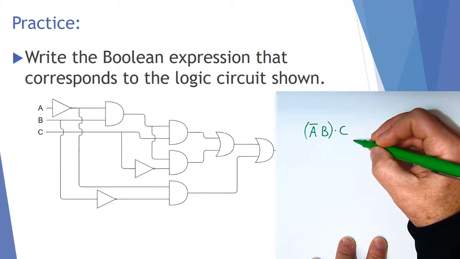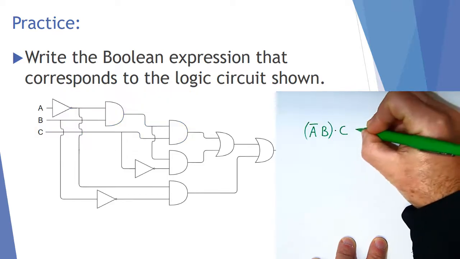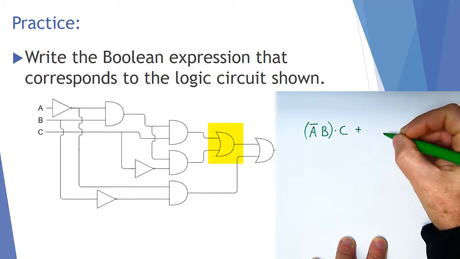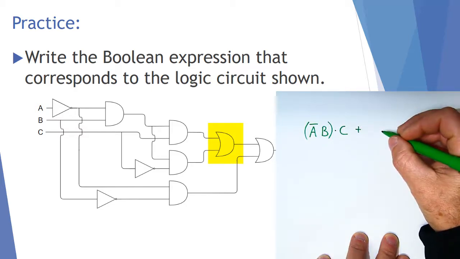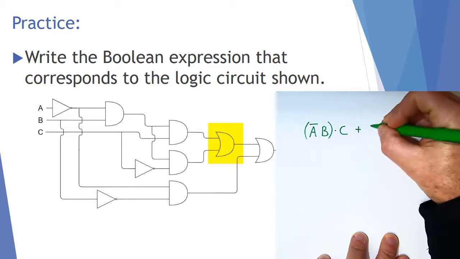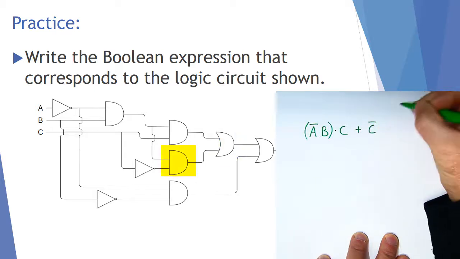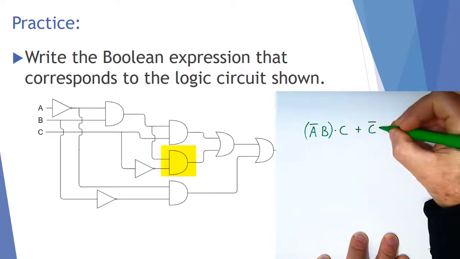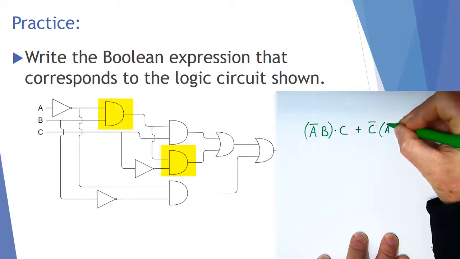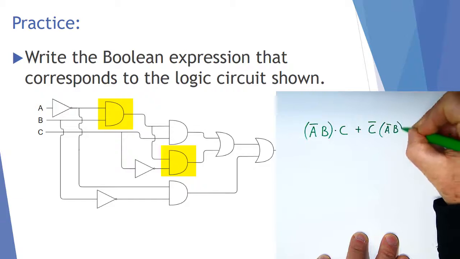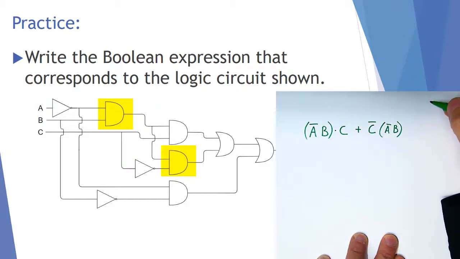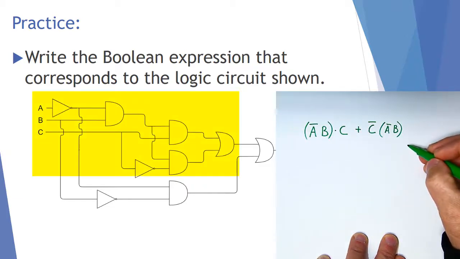Now, that result goes into an OR gate, so we can add on the other thing that's feeding our OR gate, which is an AND gate that's fed by the negation of C and the same thing we had earlier, the negation of A times B. And at this point, what we have is shown and shaded on your screen.